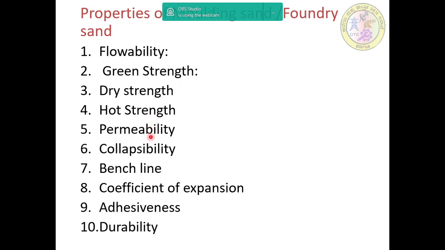Next property is permeability. Here it is the ability of the sand to allow easy escape of gases or vapors through it. When the molten metal comes in contact with the mold and core surface, moisture, binders and additives present in them produce some gases and vapors.